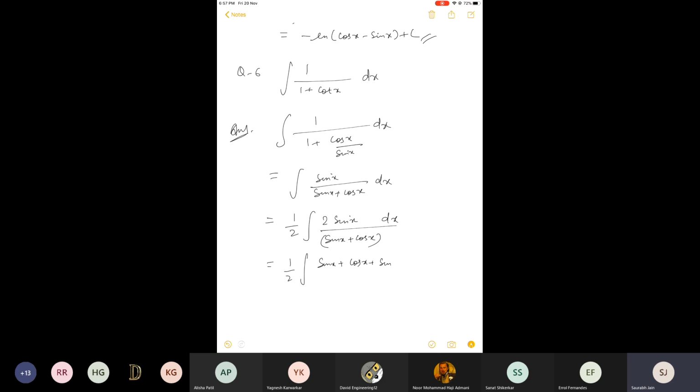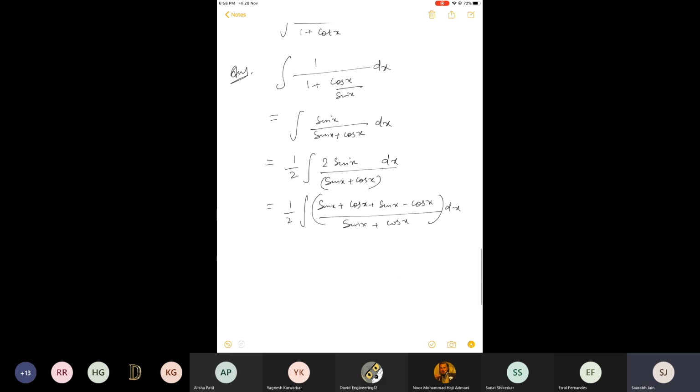I can write it like this. Only 2 sin x is written in the numerator. But now why we have written it like this? So that we can split it in two parts and we can solve it. Sin x plus cos x upon sin x plus cos x is 1. The next part is sin minus cos upon sin plus cos.